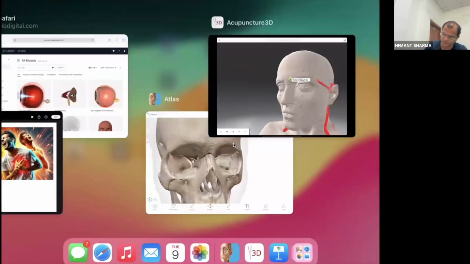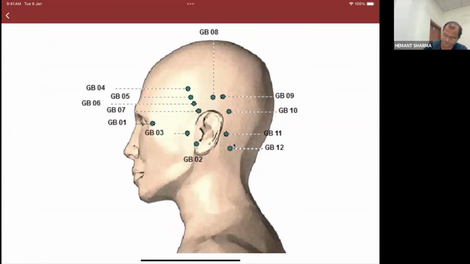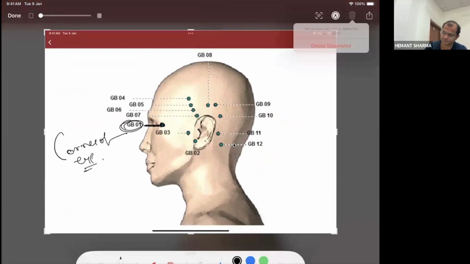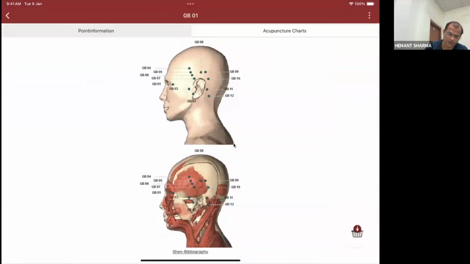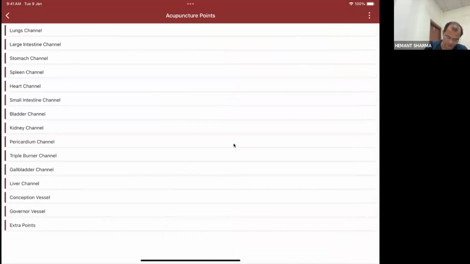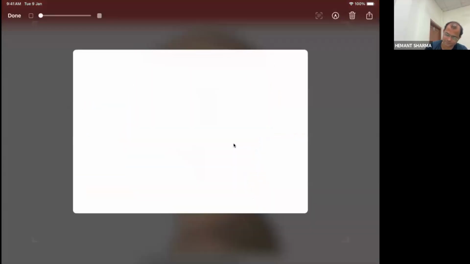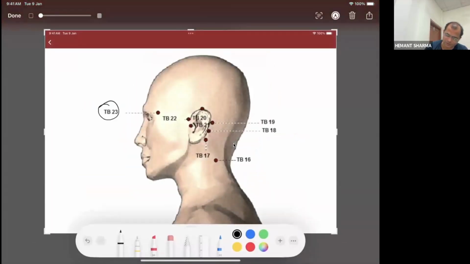We can see in the other image, this is gallbladder 1 at the corner of the eye, and the triple warmer meridian point, that is triple warmer 23 at the level of the eyebrow.